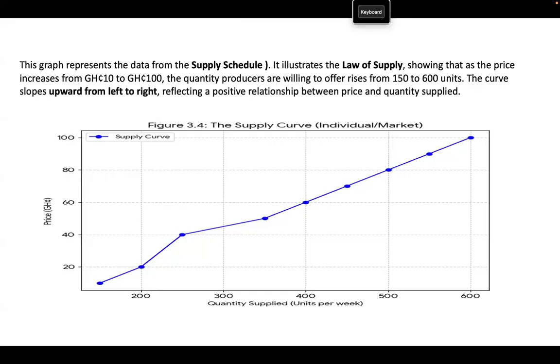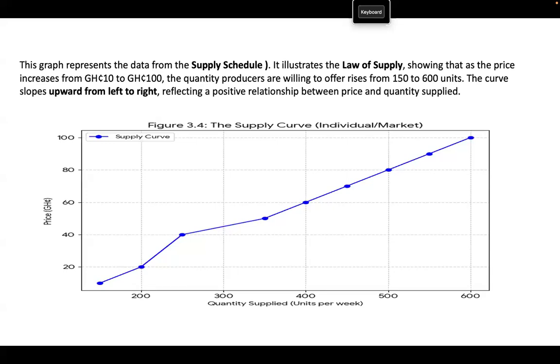With your submission, you said that as the price rises, the quantity demanded falls, and it follows the law of demand, right?